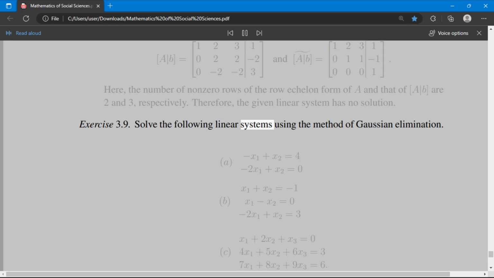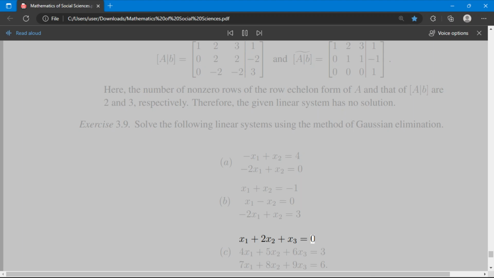Exercise 3.9. Solve the following linear systems using the method of Gaussian elimination. A. x1 plus x2 equals 4, 2x1 plus x2 equals 0. B. x1 plus x2 equals 1, x1 minus x2 equals 0, 2x1 plus x2 equals 3.